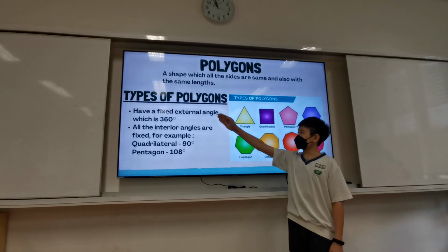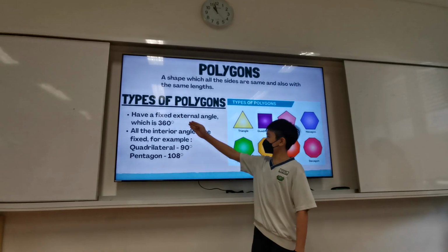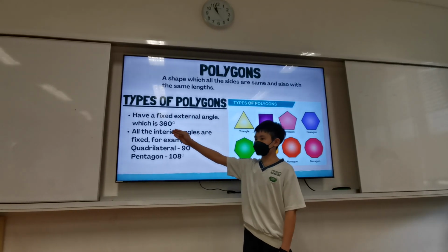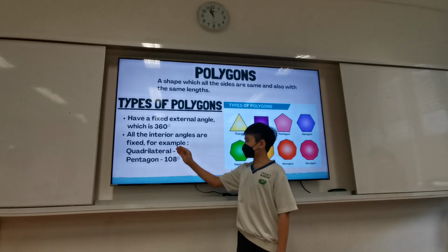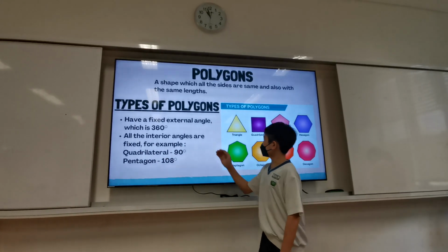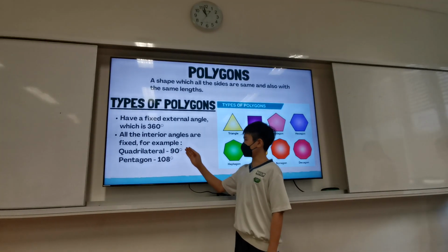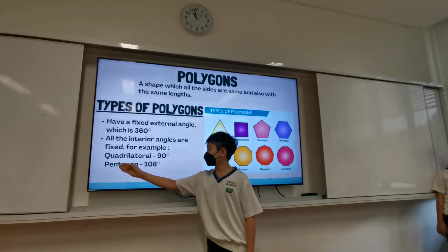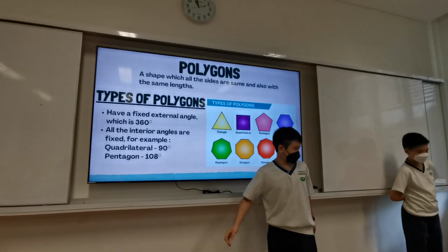There are many types of polygons, and their characteristics are that they have a fixed exterior angle sum of 360 degrees, and all the interior angles are fixed. For example, a quadrilateral, or square, has a 90-degree interior angle, and a pentagon has a 108-degree angle.